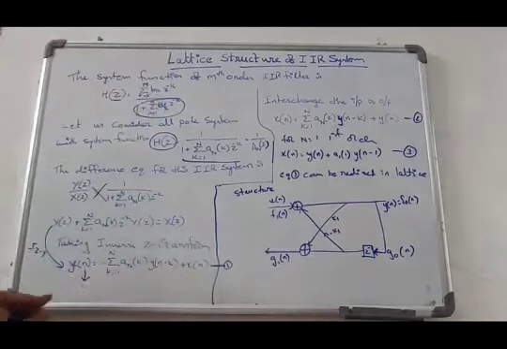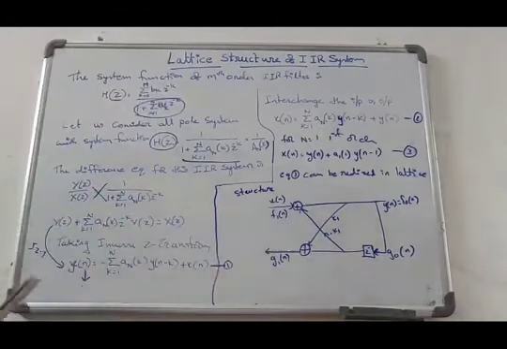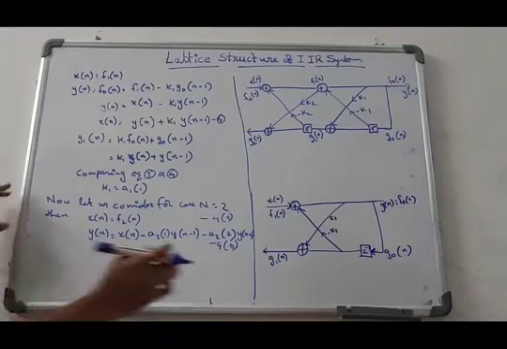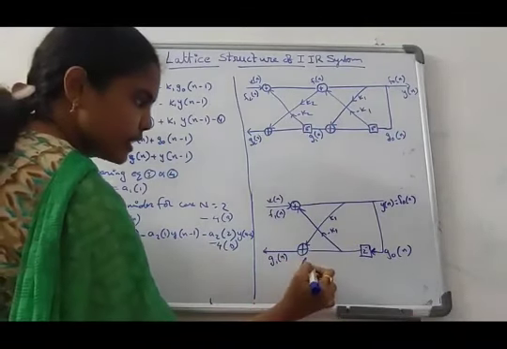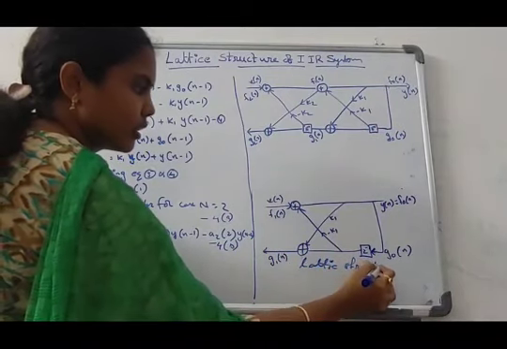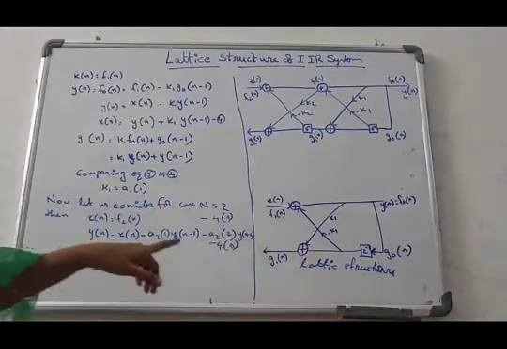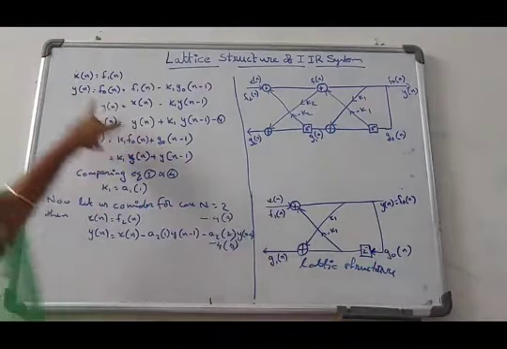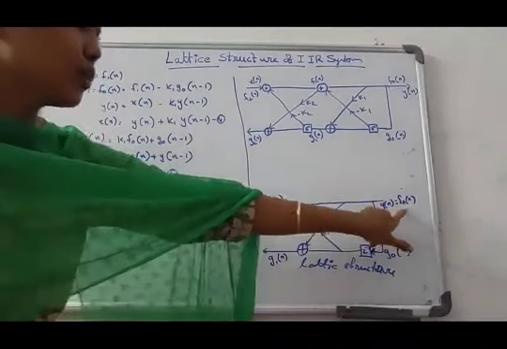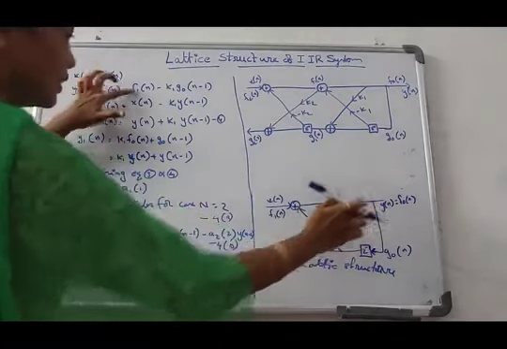Now let us consider x(n) equal to f_1(n). So this is the lattice structure for a first order filter. Here x(n) is equal to f_1(n), and y(n) is equal to f_0(n). How to get this y(n)?